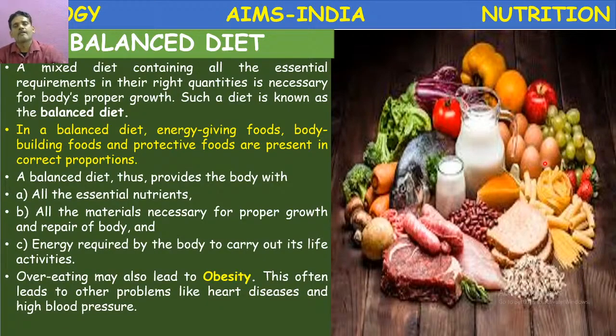That's why an infant gets a balanced diet from the mother's milk. A mother's milk is a balanced diet. It depends on the type of food the mother consumes. It relates to the nutrients present in the milk. That's why a lactating mother has to take a balanced diet.